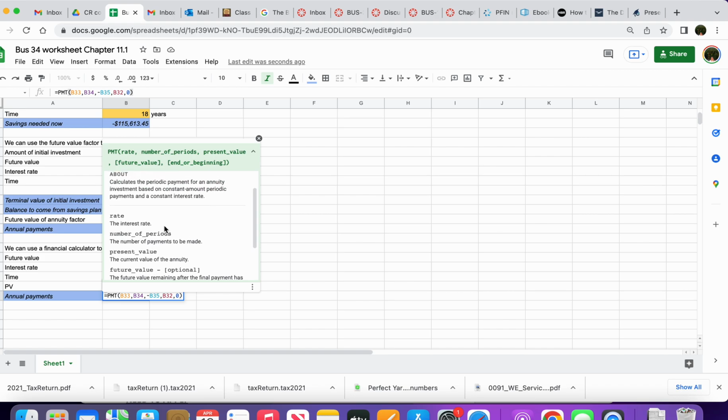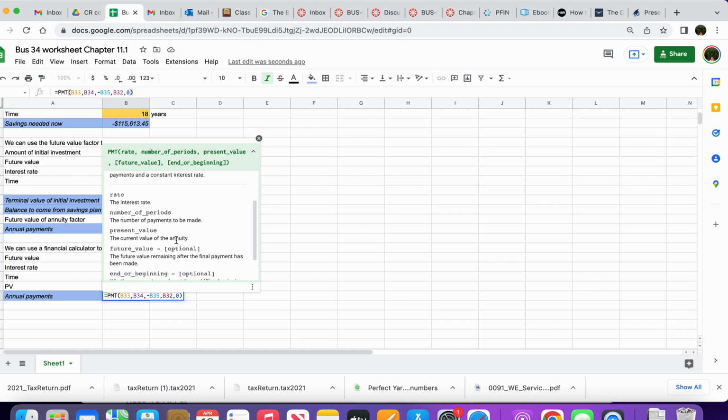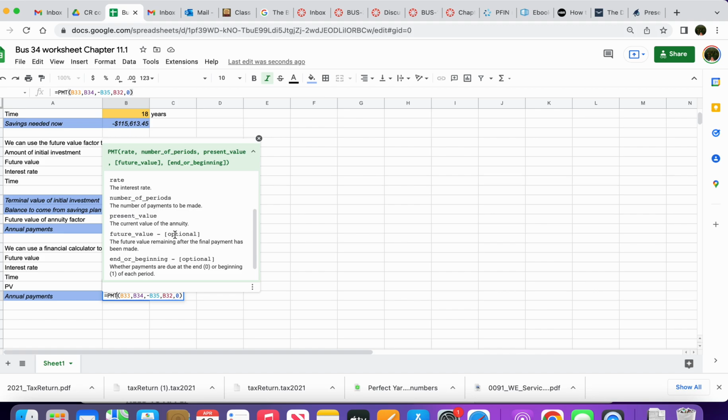So given a certain rate of interest, 6%, over a time period of 18 years, the present value is $10,000 since we have $10,000 already saved, and the future value is $330,000, and we'll put a 0 for the compounding occurring at the end or the beginning of each period.